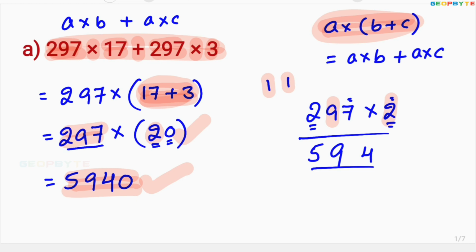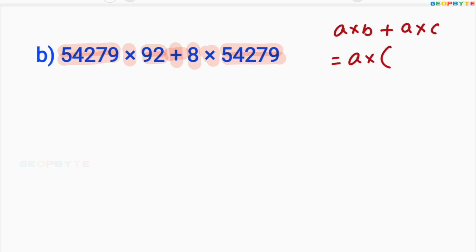Similarly, let us move to the bit B. Look at the bit B: 54279 multiplied by 92 plus 8 multiplied by 54279. It is also like this: A into B plus A into C. It can be written as A into (B plus C).